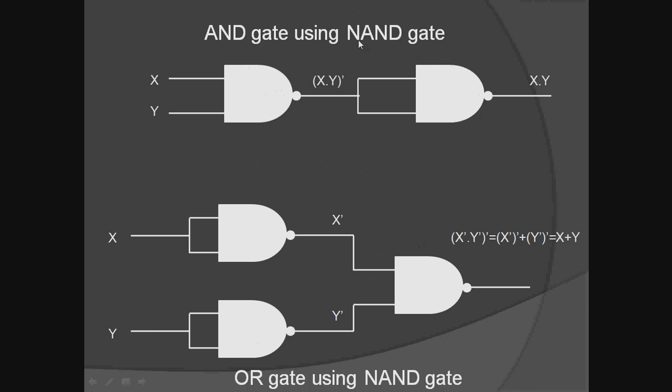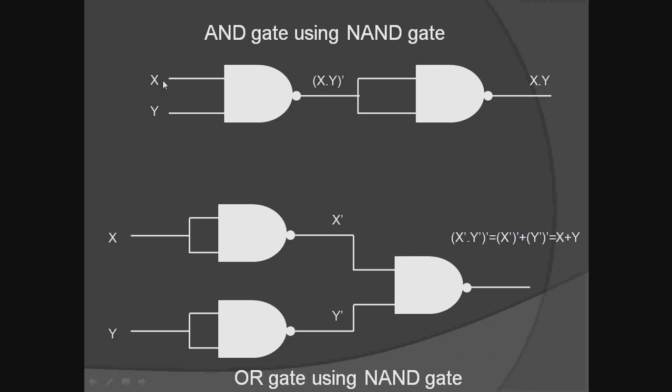Now the AND gate using the NAND gate. You can see that you're using two NAND gates here. In the first case you accept two input values, the x and y literals, and the output will be x and y, the whole complement. Because of this NOT operator, it is the complement, so it becomes the whole of this complement.